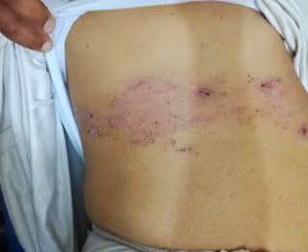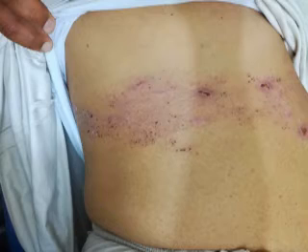Pharmacological treatment for mild herpes zoster infection, you give acyclovir cream 5% topical in adults 4 hourly 5 times daily for 4 to 5 days. In children 4 hourly 5 times daily for 4 to 5 days.